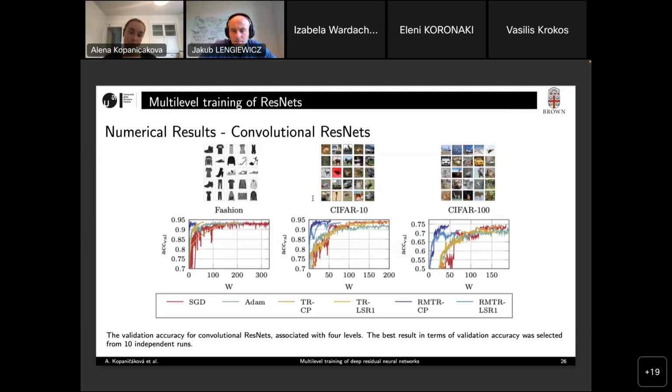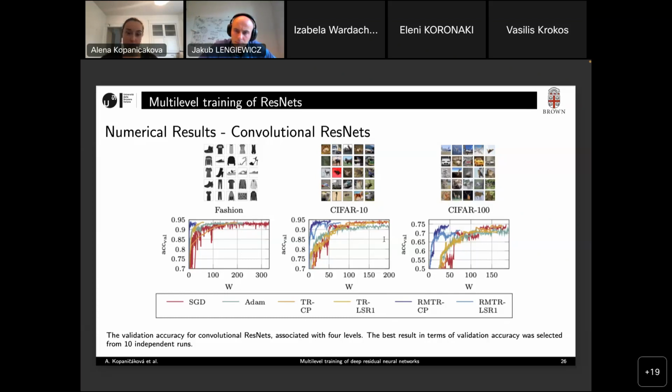We train our convolutional ResNets using six different optimizers: stochastic gradient descent, Adam, then single-level and multi-level trust region methods. For both trust region methods, we consider an approach where we only employ first-order derivative information, so gradients, and an approach where we approximate Hessians by means of the limited-memory LSR1 method.